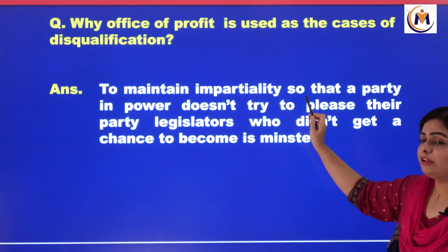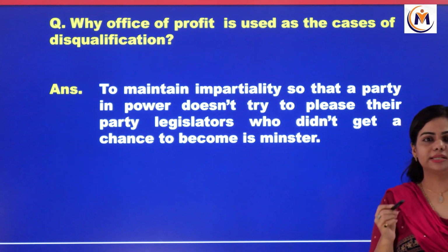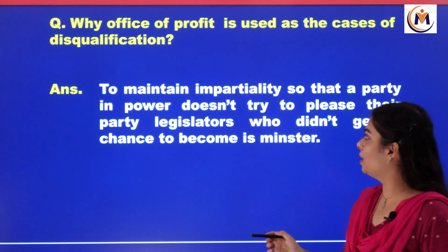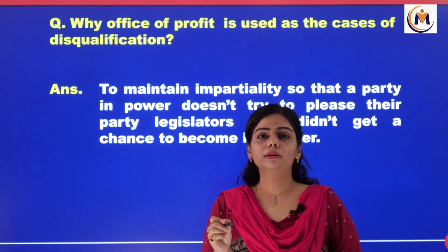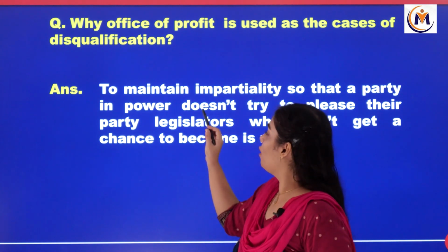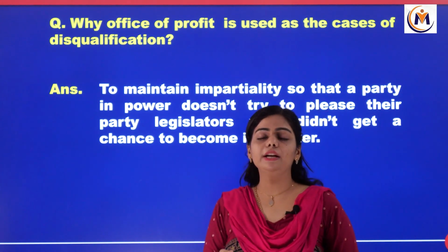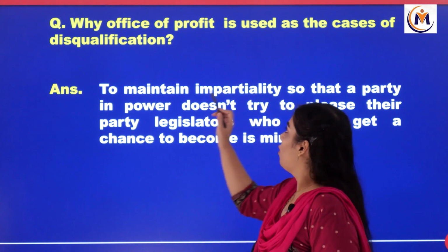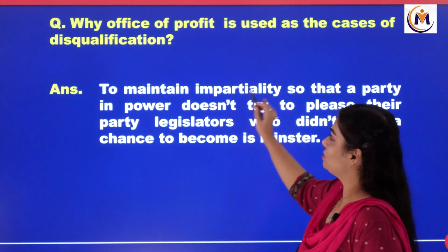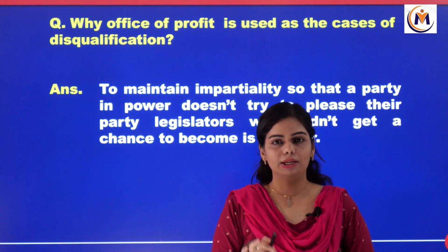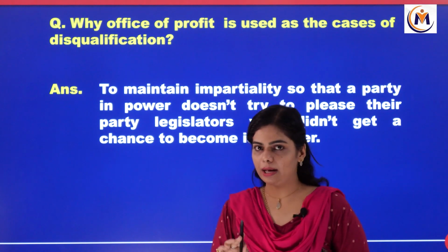So, for the sake of impartiality, the President is the first citizen of the country. Anything which is done is in the signature of the President of India. So, for the sake of impartiality, he being the representative of the Republic of India, this office of profit is used as the case for disqualification to contest a presidential election. I hope I am clear.